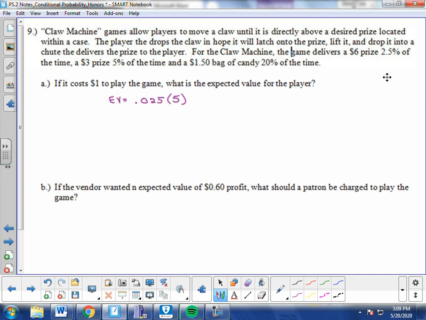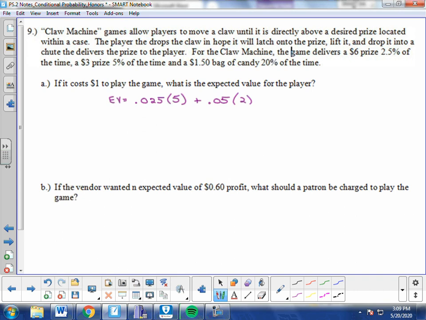Now, the second event is that we get a $3 prize, and that happens 5% of the time. Converting that percentage to a decimal, 0.05, it's a $3 prize. Again, you put $1 in there, so really you come out $2 ahead, a positive $2.